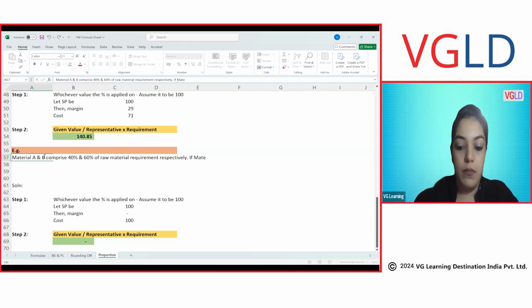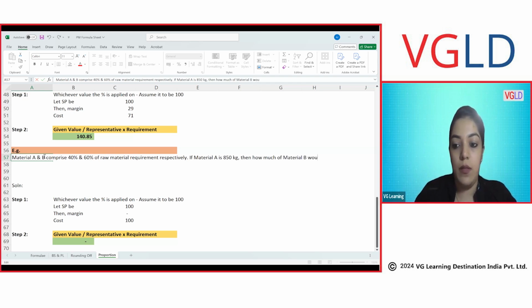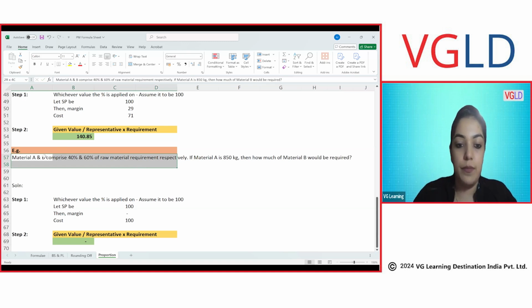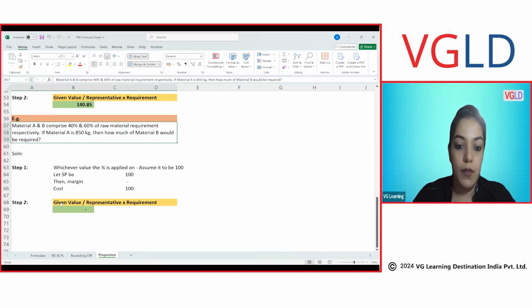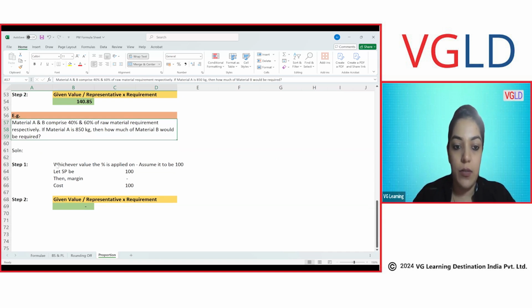If material A is 850 kg, then how much of material B would be required? Tell me this now. I've completely changed it.